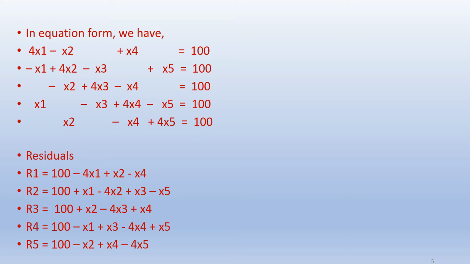But since we are using an iterative scheme, we assume some initial values for x1, x2, x3 and so on. So the residuals are typically not equal to 0. So they have some positive values. Our objective is to reduce the residual level to an acceptable limit.